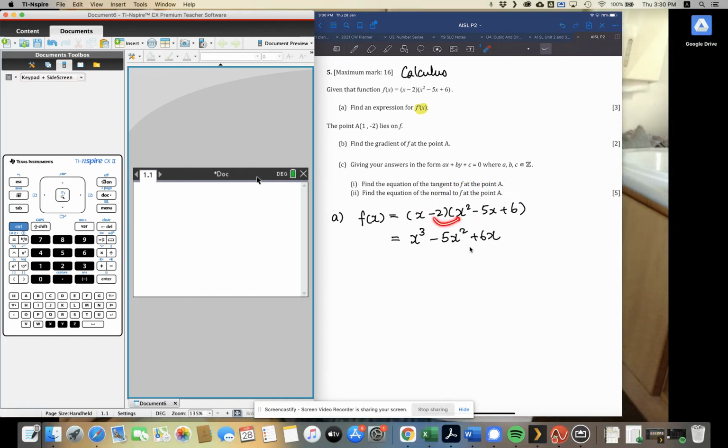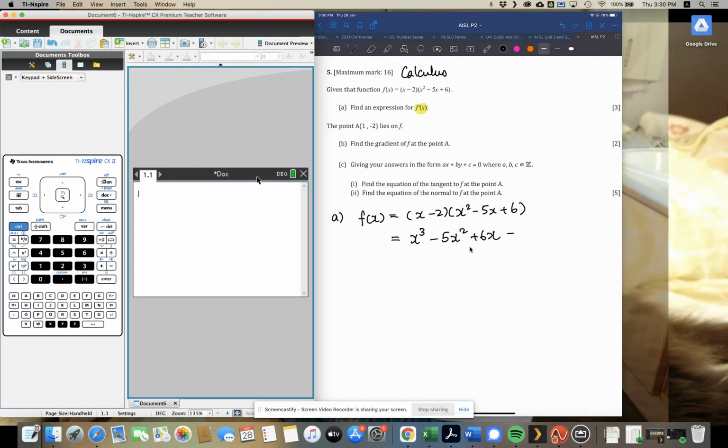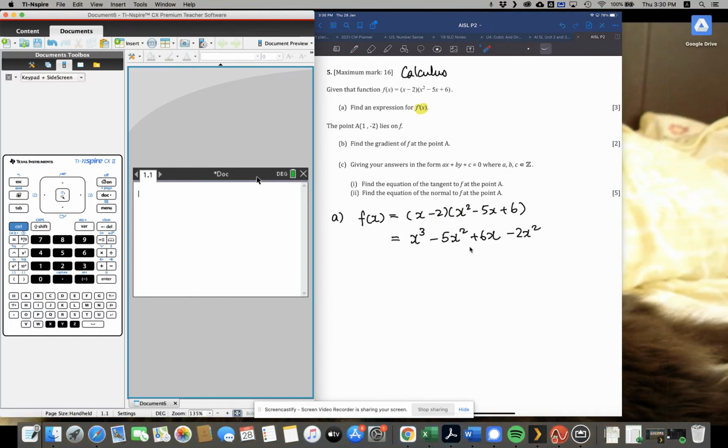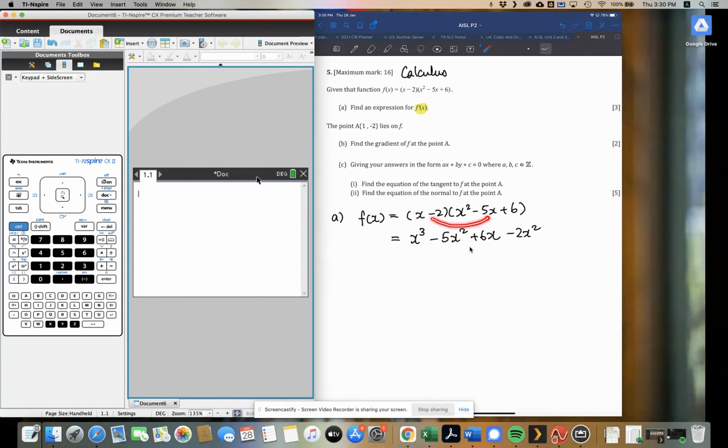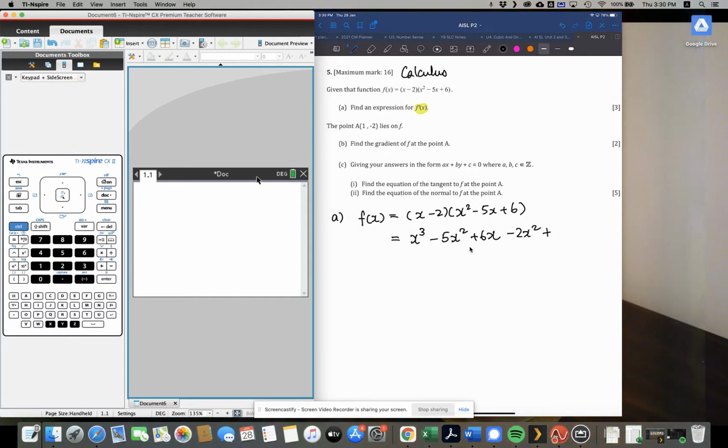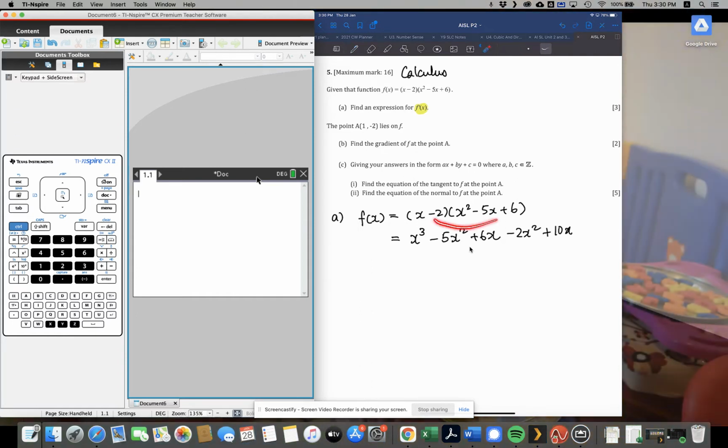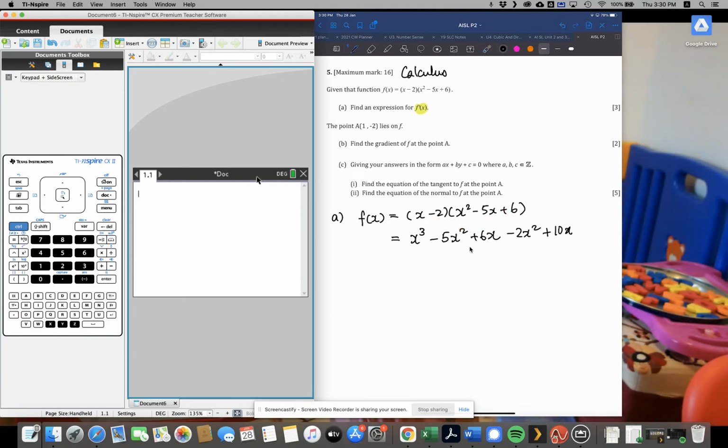Negative 2x squared, this is negative 2 times negative 5x, which is positive 10x, so plus 10x. Last one, negative 2 times 6, take away 12.